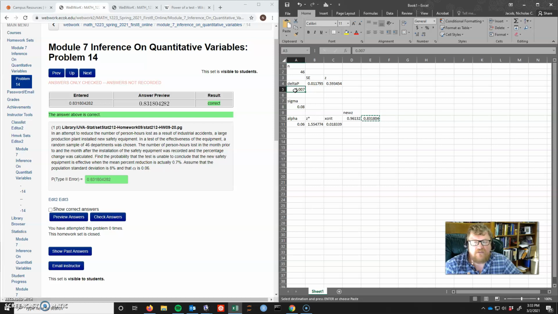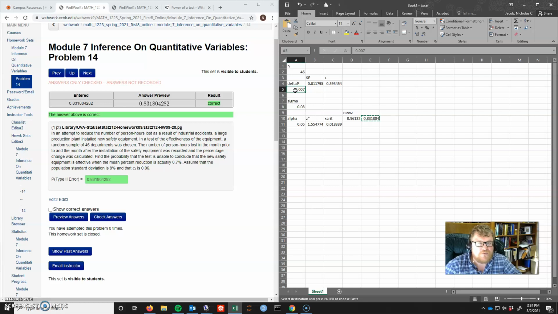You generally need a large deviation from what your null hypothesis is to be able to reject it. Here we have a small deviation from our null hypothesis, so there's a large percentage of type 2 error where we fail to reject our null hypothesis even though our null hypothesis was false.